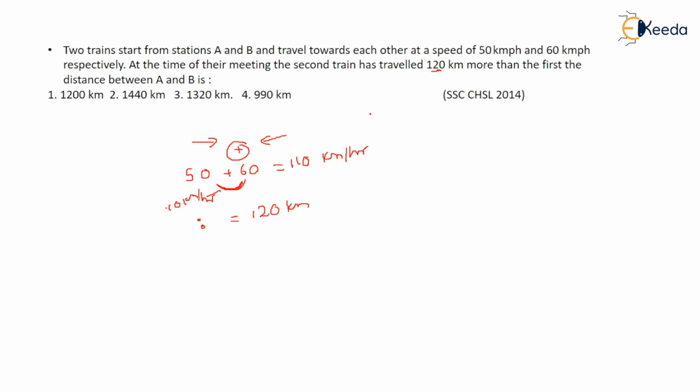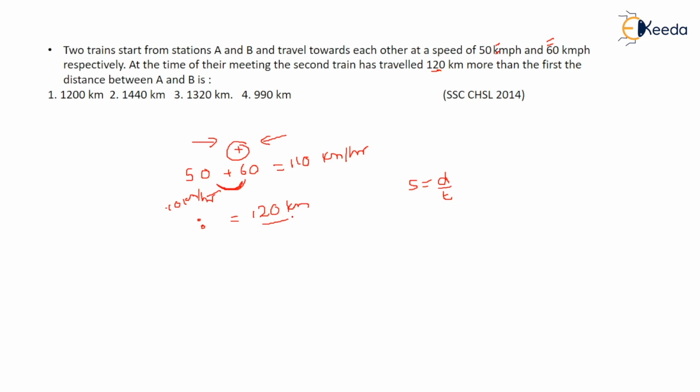That means the second train, running at 60 kilometer per hour, covered some more distance compared to the 50 kilometer per hour train, because it is running at 10 kilometer per hour more speed, so it covers 120 kilometer extra. Now you know the formula, speed equals distance upon time.